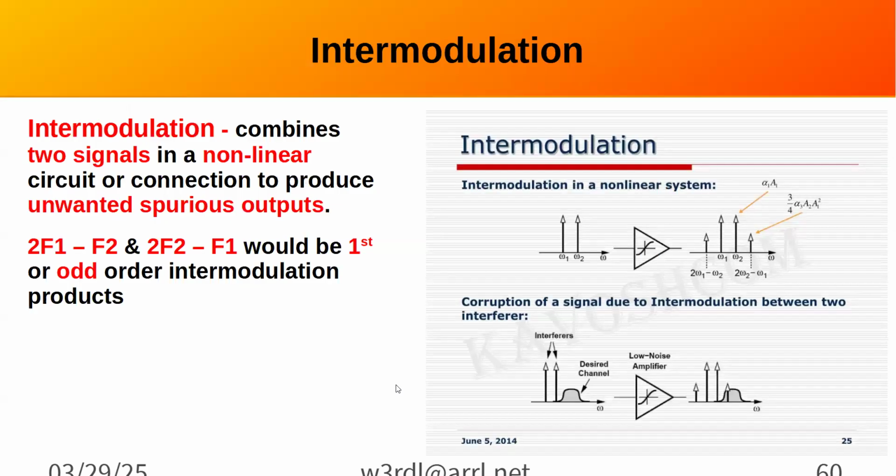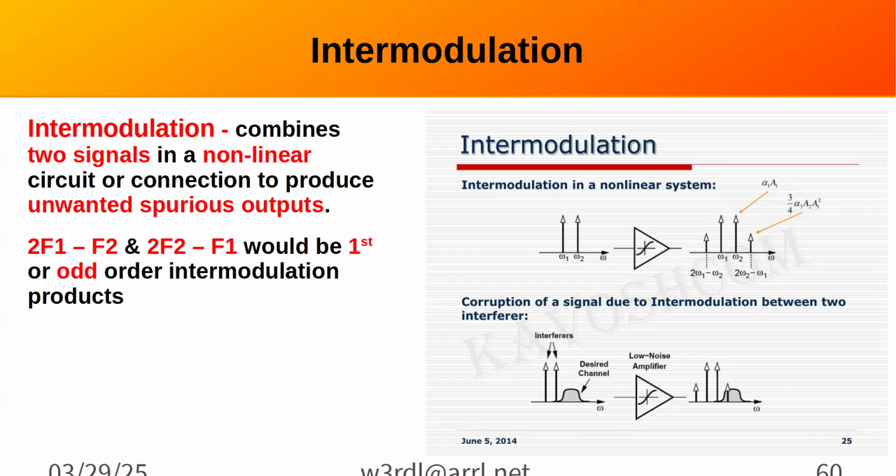Okay, intermodulation. That's where you're getting two signals combining or being mixed in some nonlinear circuit, which is actually what a mixer is. But it could be, like we talked about before, a rusty bolt that makes a nonlinear junction, almost like a diode. That's where you get these products.